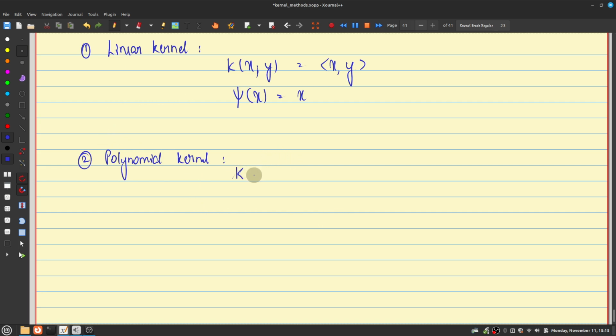So k is from R cross R to R, and it's defined as follows: k of x, x prime is simply equal to (1 plus x x prime) whole to the power, let's say, k. Okay, this is how I define it.